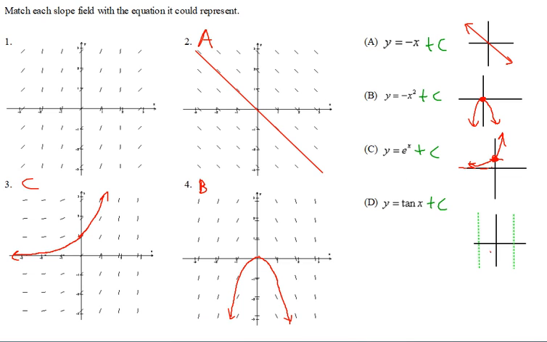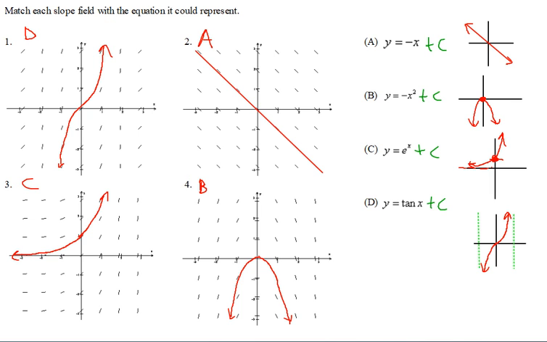So the graph kind of looks like this. Kind of like the x cubed graph, except x cubed levels off more there and doesn't have the asymptotes. So you can see on this one, that does fit our tangent graph, so that would be D.